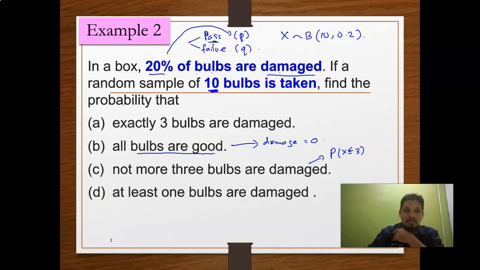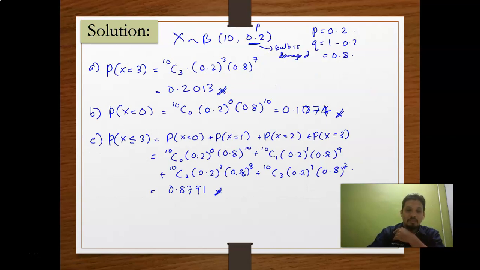And then, at least one bulb. So D equals probability of X greater than or equal to 1.